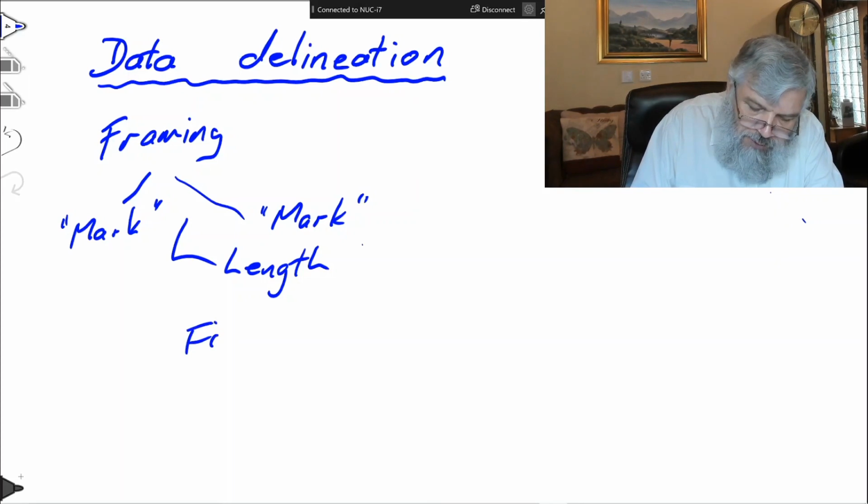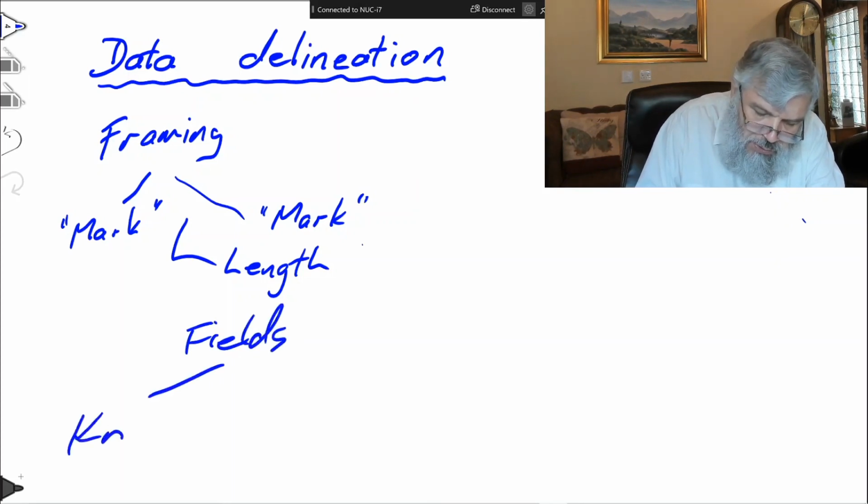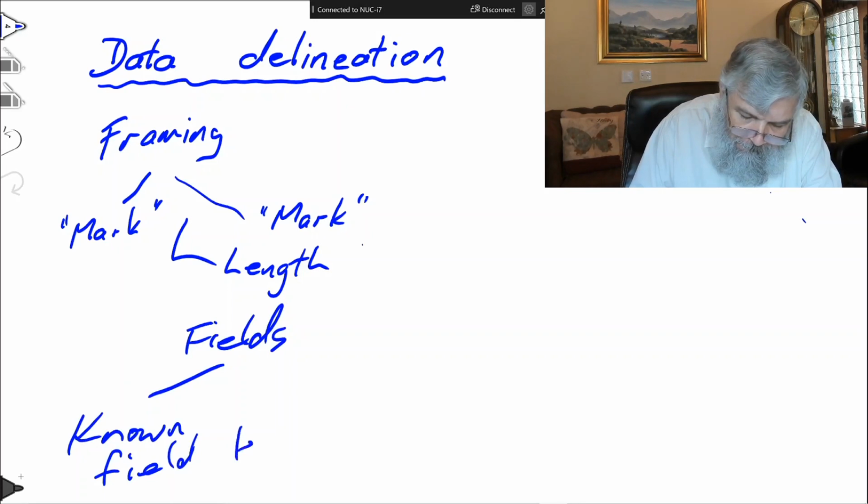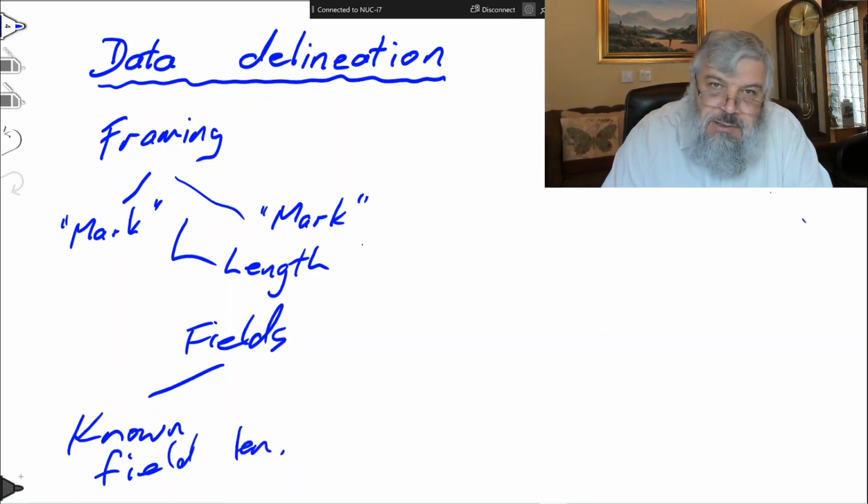So in terms of fields, we have known field lengths. So I know that this field is so long and that field is so. So if I get a certain sequence of bytes, I can simply say I know the first 2 indicate the source address and the next 2 indicate the destination address, and so on.